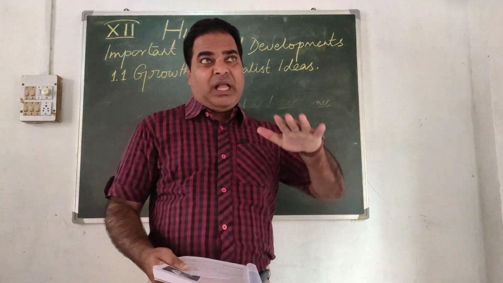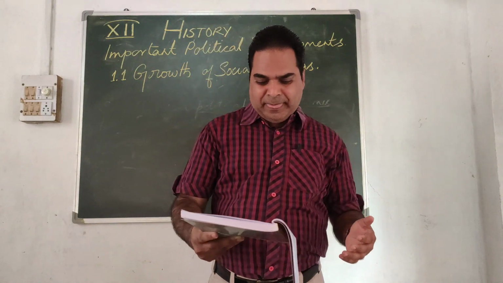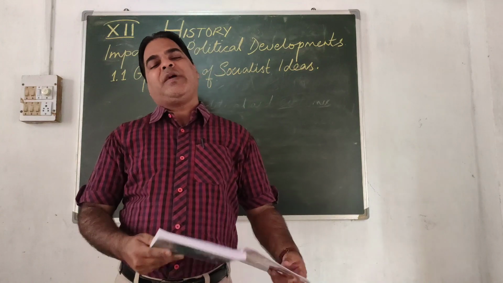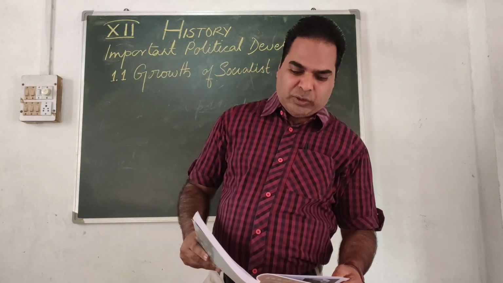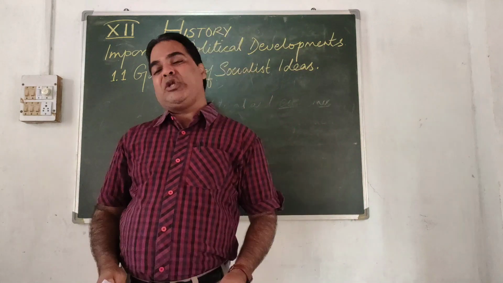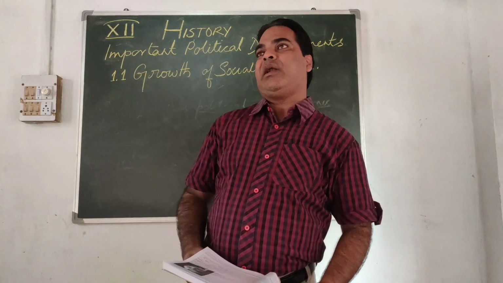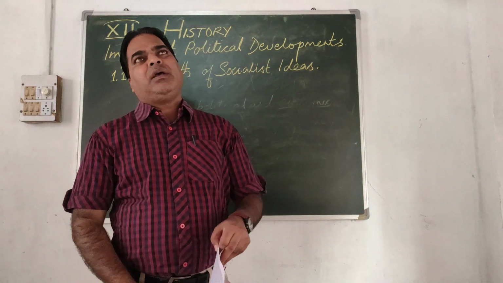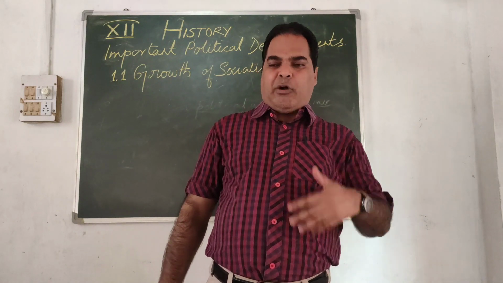Apart from Jawaharlal Nehru, Subhash Chandra Bose was also there. He was also very much inclined towards socialism. Subhash Chandra Bose was twice elected as the president of the Indian National Congress, first in 1938 and second in 1939. But he was very much disappointed because he could not work accordingly.